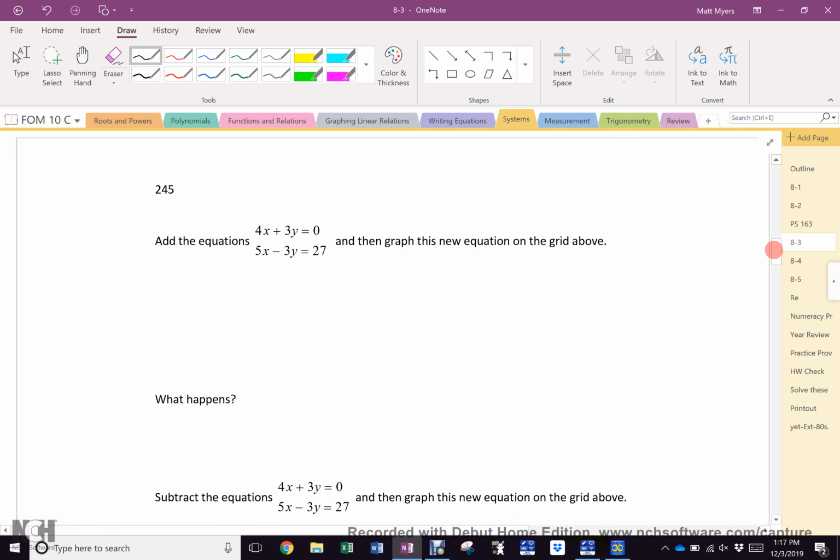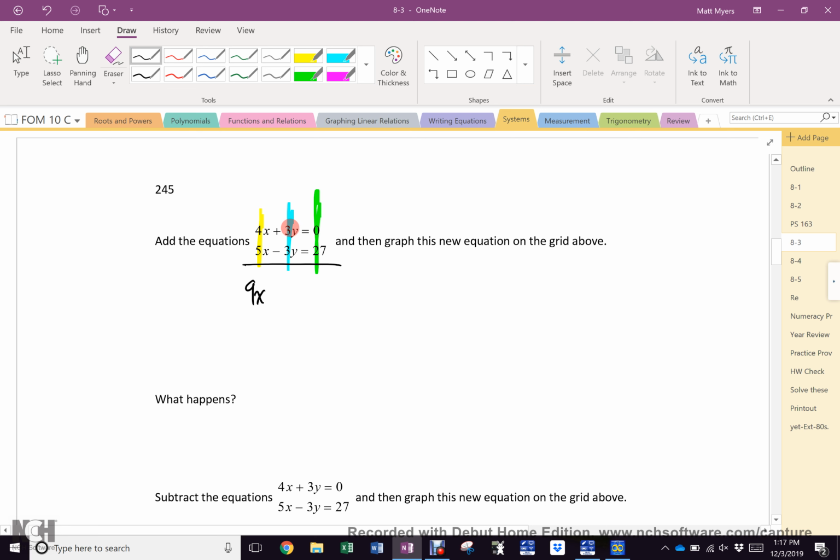Now, add the equations. You have not done this in the past, but you have certainly added x's and y's and numbers, right? So let's do that. What is 4x's plus 5x's? 9x's.